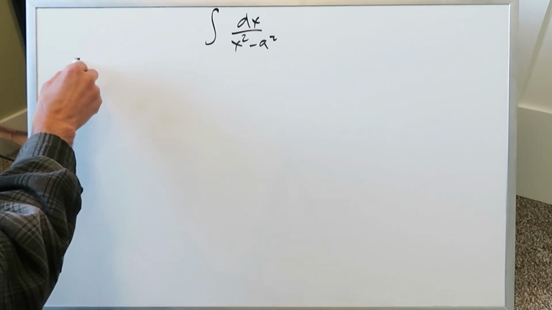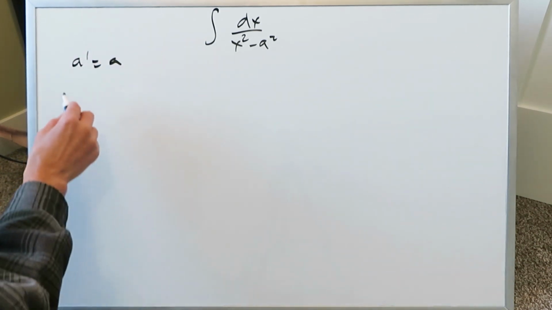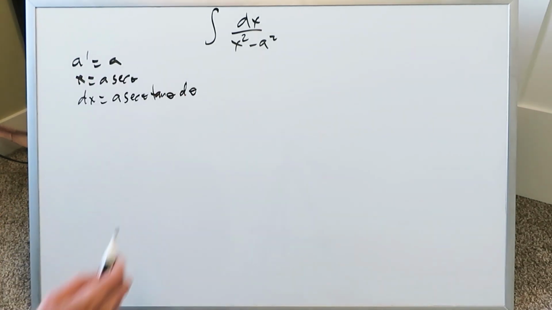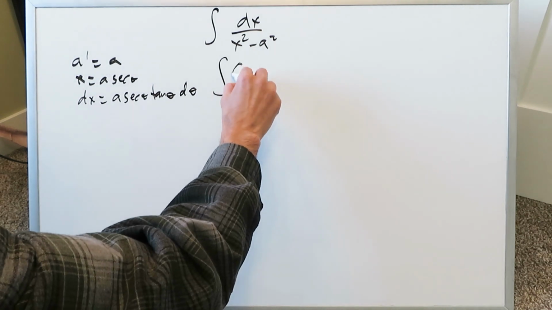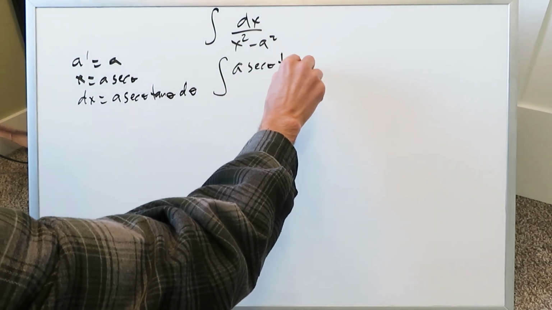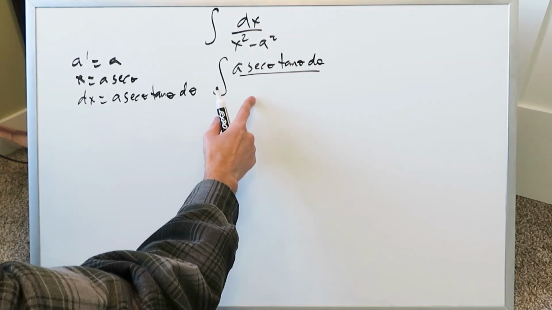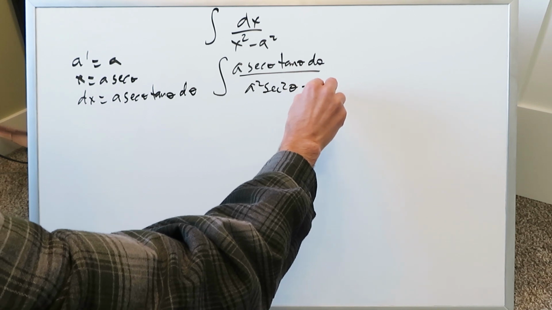Let's look at this. If a represents what you have over there, we can develop a series of substitutions. Then x is equal to a secant theta, and dx is a secant theta tan theta d theta. You can bring all of that into the picture, and you have here a secant theta tan theta d theta, and down over here you'll have a squared secant squared theta minus a squared.